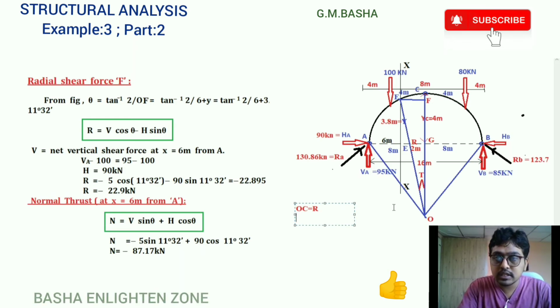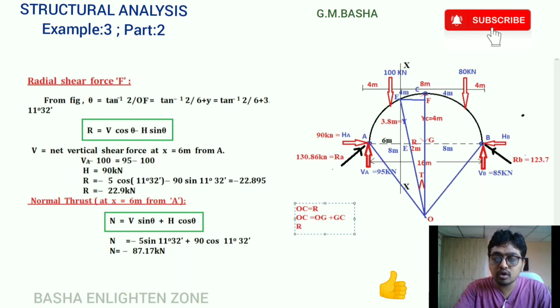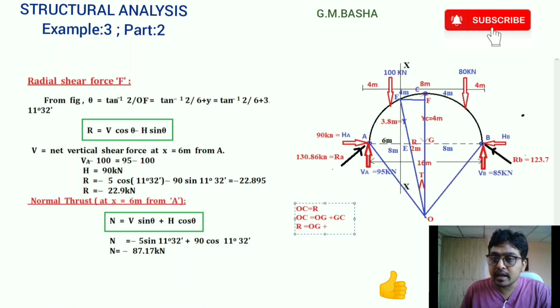See the simplification: OC will be equal to OG plus GC. Already you know the OC value will be equal to R. I keep OG like that only, plus this GC value.